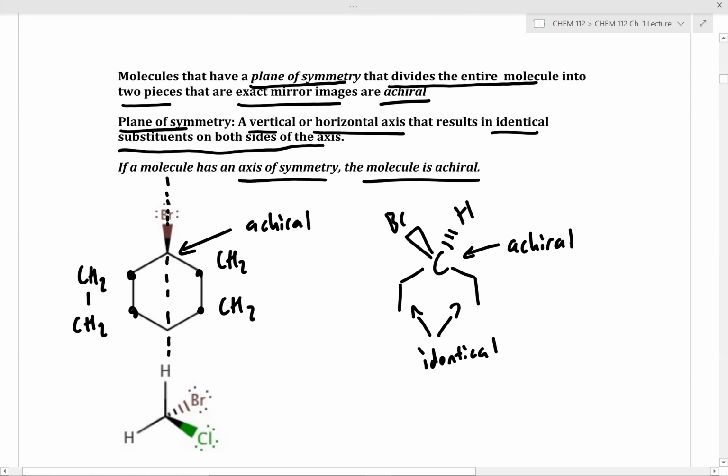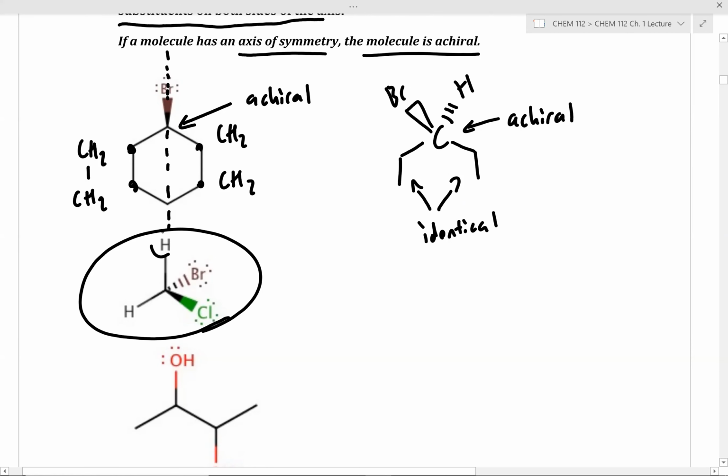Now, let's take a look at this example here. In this case, we have 2 identical hydrogens, and we can very easily see an axis of symmetry if we think about what happens if we intersect. So let's pretend this bromine and chlorine are in the same plane. And as we see, on one side of our plane of symmetry, we have a hydrogen.